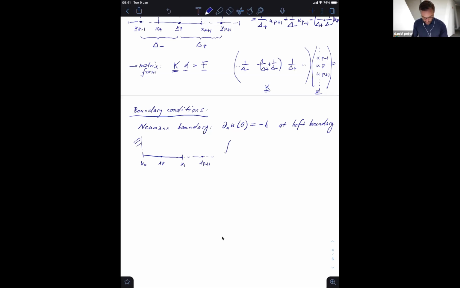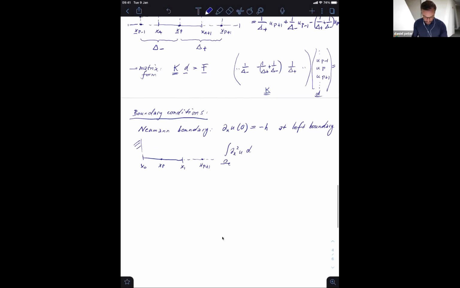So how do we approximate now our integral or diffusion term for that cell? Again, in this case, that would be the grad of u evaluated at x0 and x1.